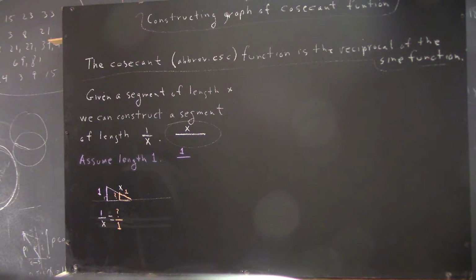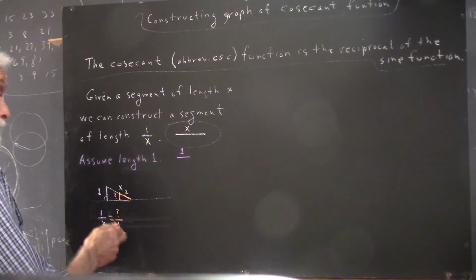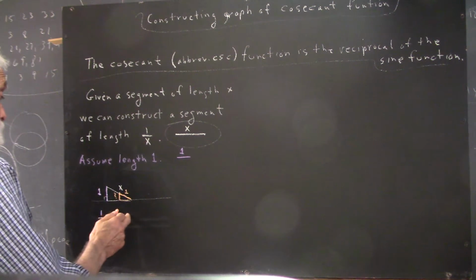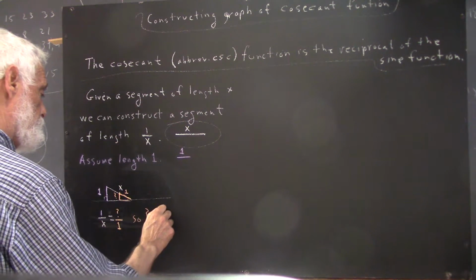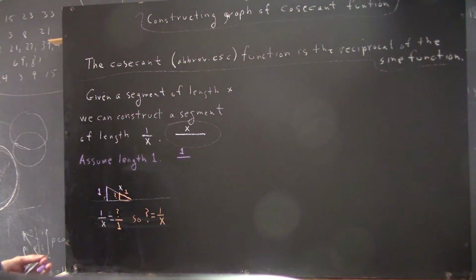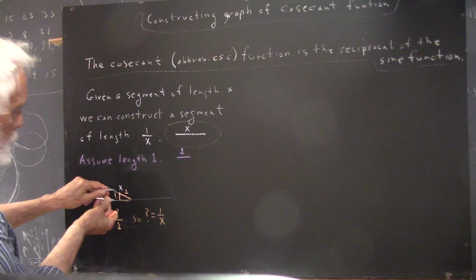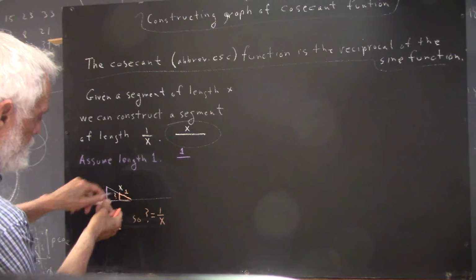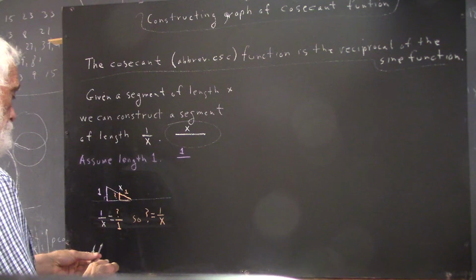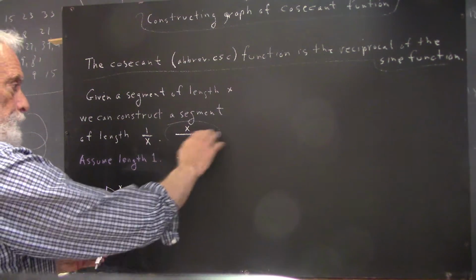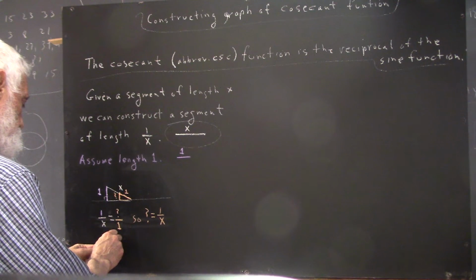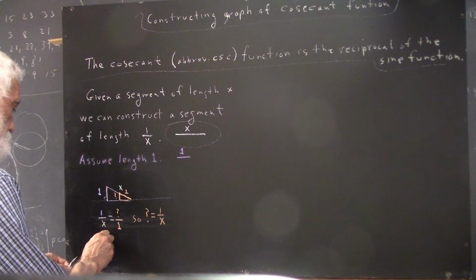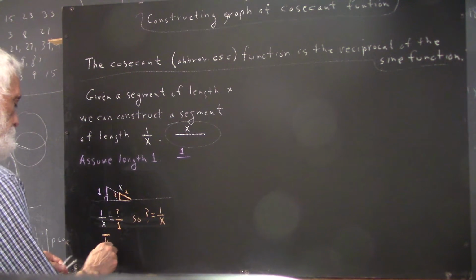Well, it's quite easy to see that question mark divided by 1 is question mark, so question mark must be 1 over x. So here I've marked a segment of length 1 over x. And I don't have to make that segment vertical. Since this segment is horizontal, I'm going to go ahead and make this one horizontal. So here is 1 over x.